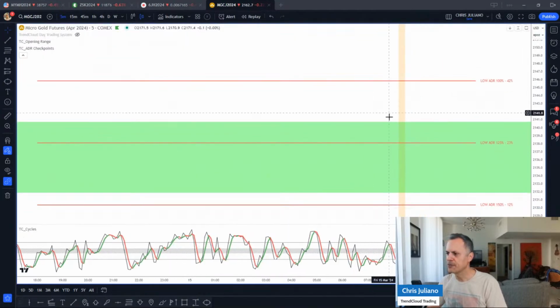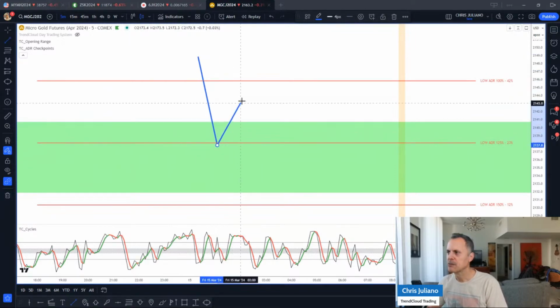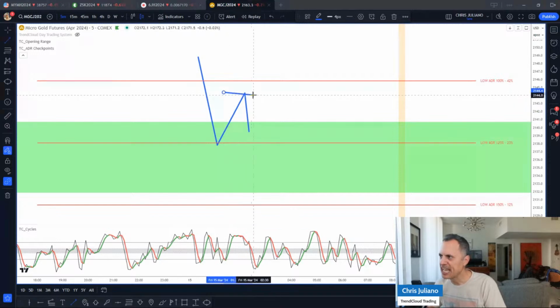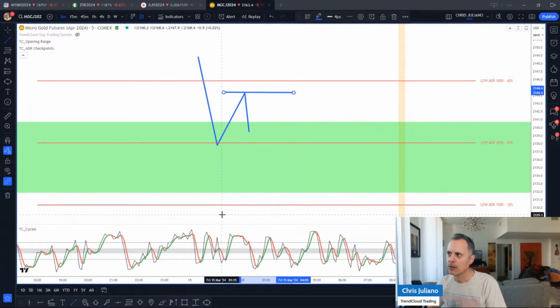You get into this high time frame demand zone. What do you want the pattern to look like? Comes in, whoops. You want the pattern to look like this. Comes in, maybe hits that ADR checkpoint, bounces off. What do you want to see? You want to see a higher low, and you can put an entry point right there and say, as soon as this comes, boom, right there, you're in the trade.